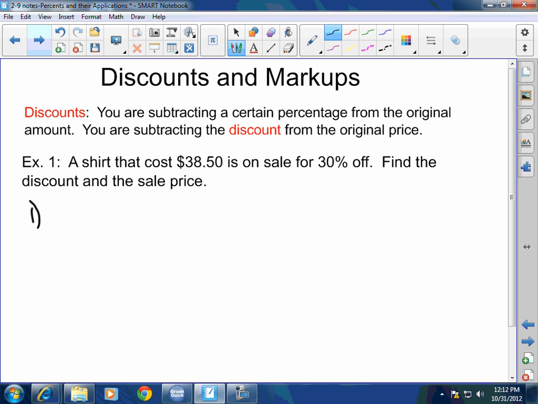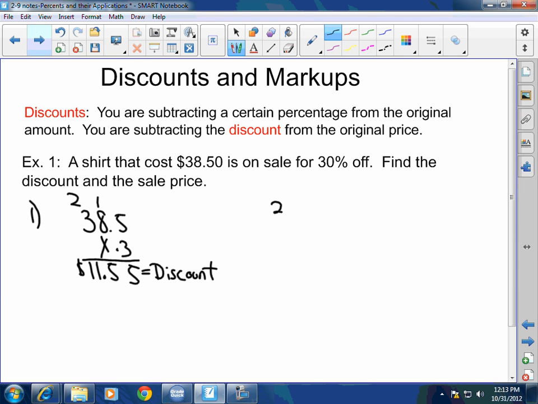So the first part is to find the discount. What is 30% of $38.50? So $38.50 times 0.3 is $11.55. This is my discount. This is what I am going to be taking away from the original amount.